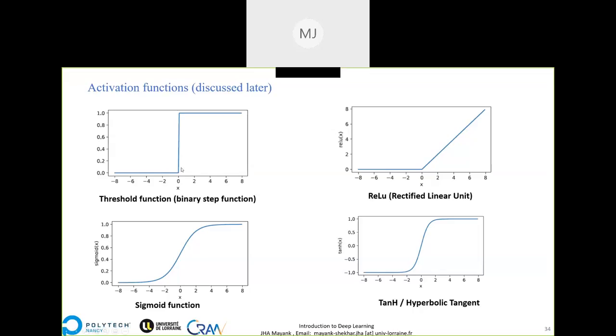We ask ourselves, can we use a similar strategy to do multi-class classification, or do classification in a more sophisticated fashion? So let's look at this activation function.